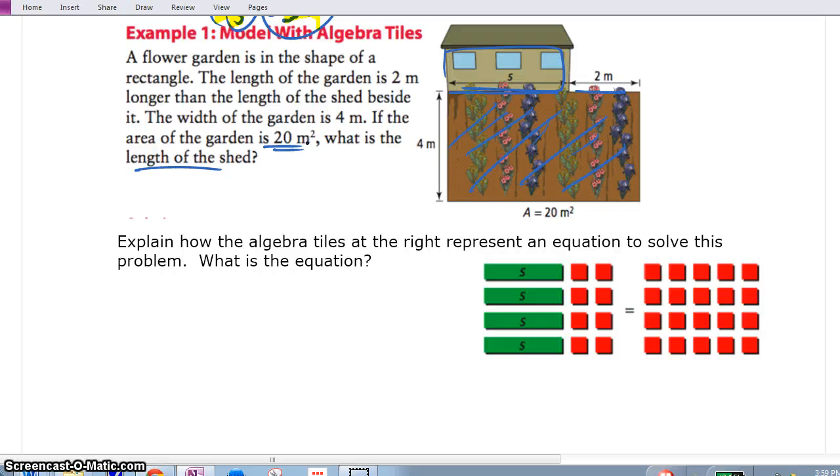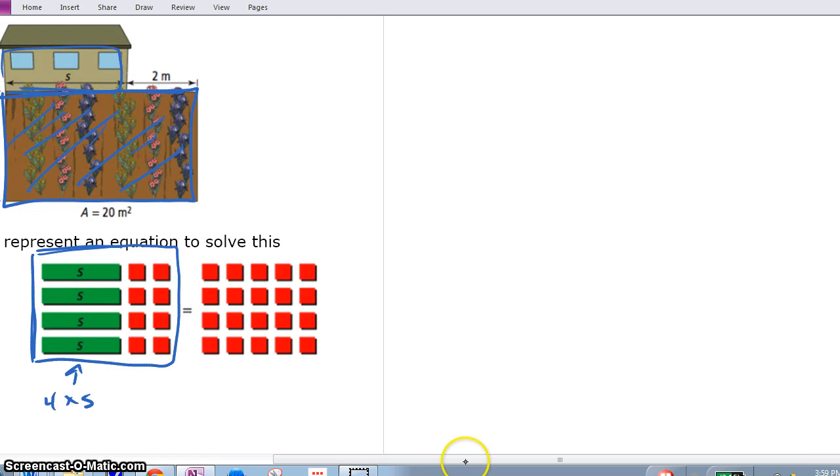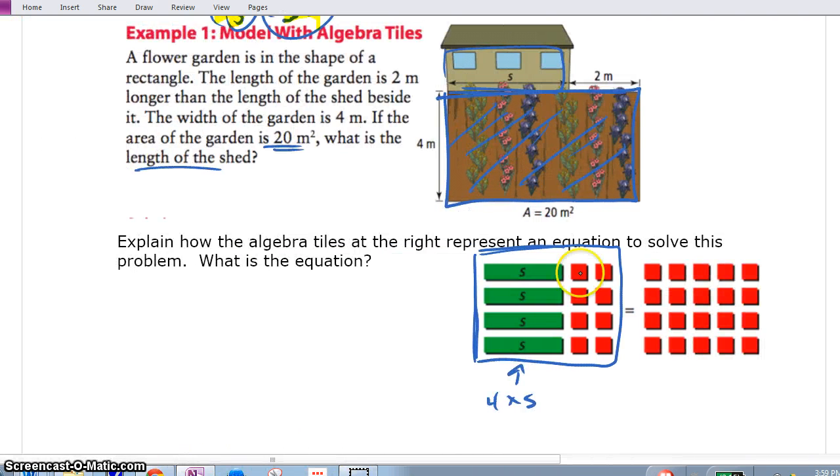First up, here's that same picture of that garden. Now we just took the shed length and we times it by 4. So here we have 4 times s, and then we took that extra 2 meters and we times it by 4.